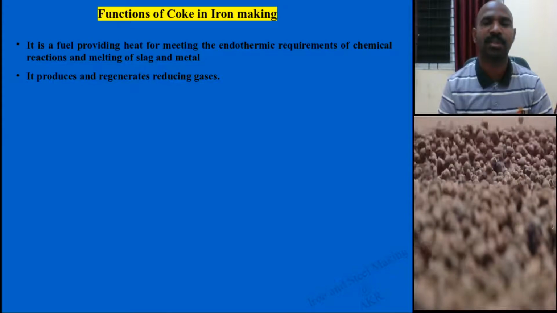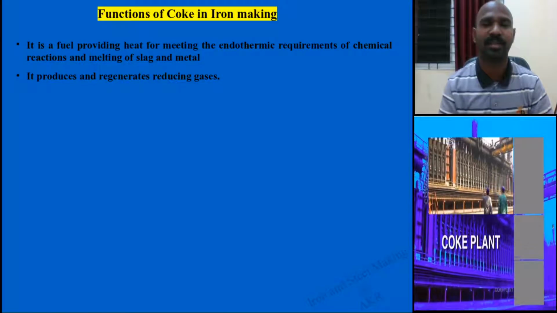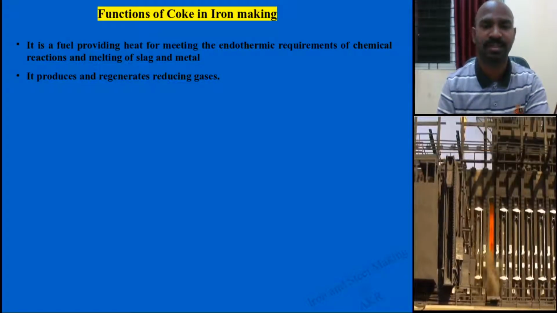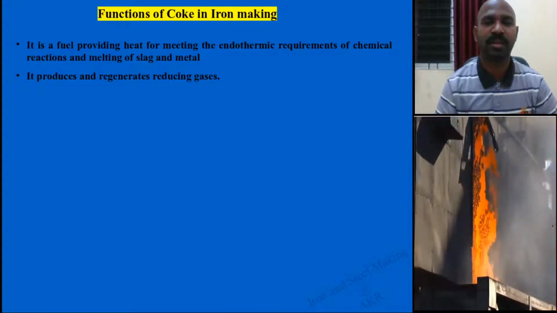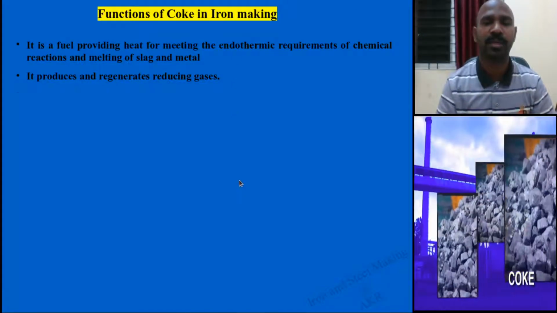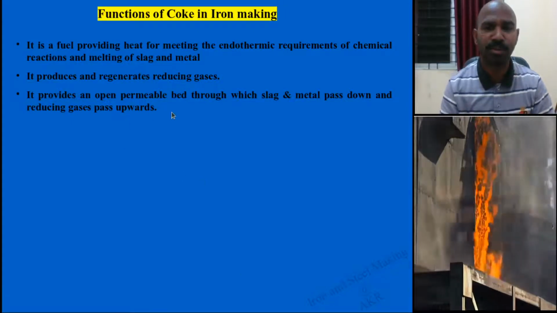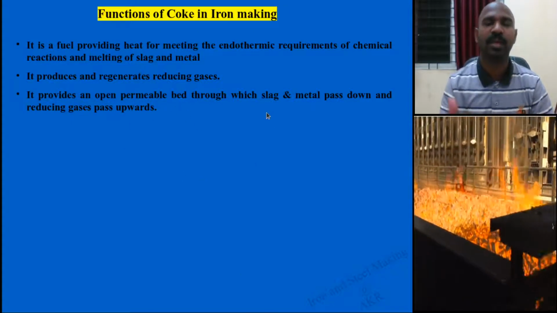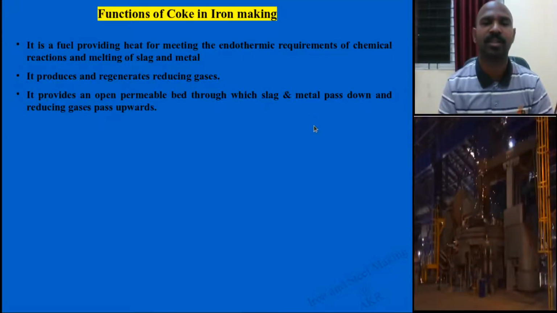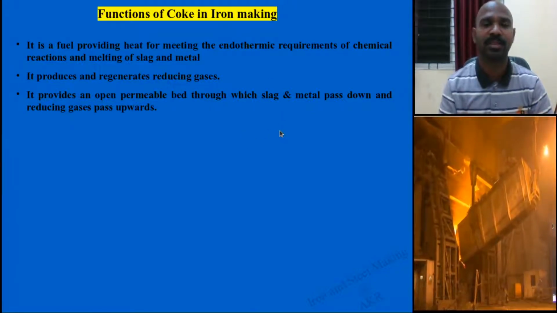Because of the combustion heat, it produces CO and regenerates CO2, which can be used as reducing gases in the iron making process. Then, it provides an open permeable bed to pass the slag and the metal from upwards to downwards during the iron making process, pig iron production in the blast furnace.